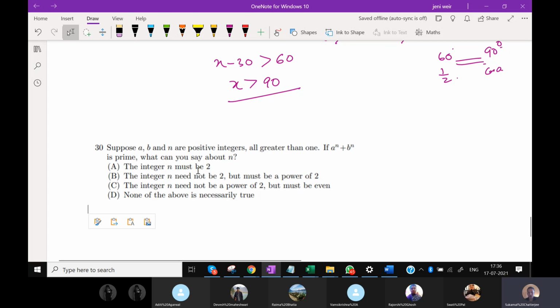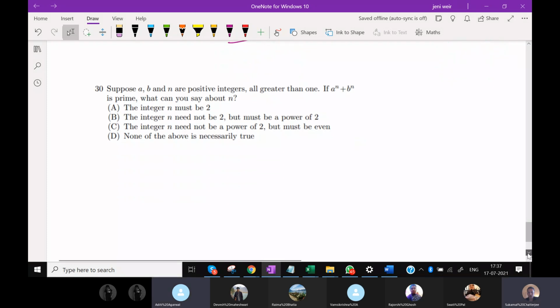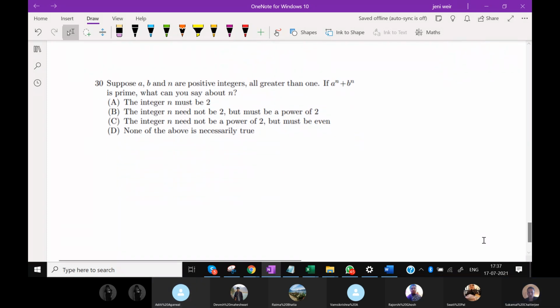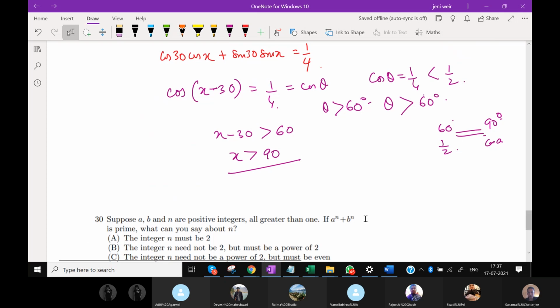Okay. A, B, and N are all positive integers greater than 1. In the previous question, if we took 30 minus x, then in that case the answer will be different. Yes, I mean, cos of theta is equal to cos of minus theta, right?